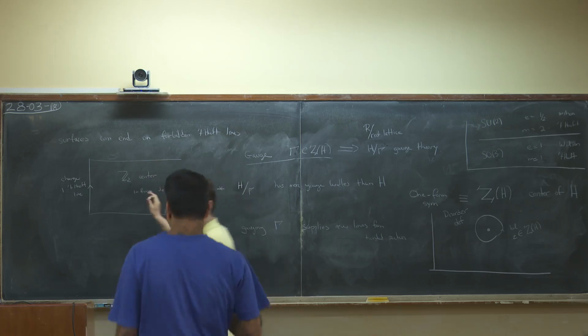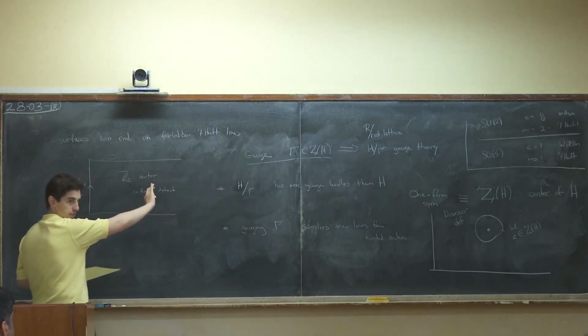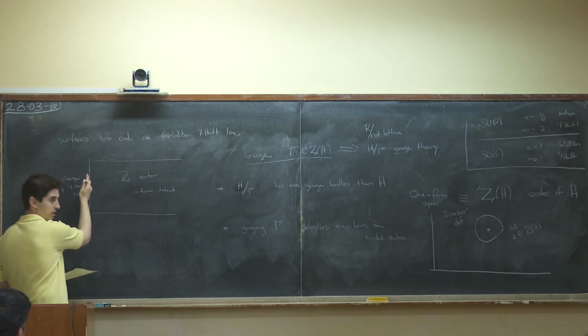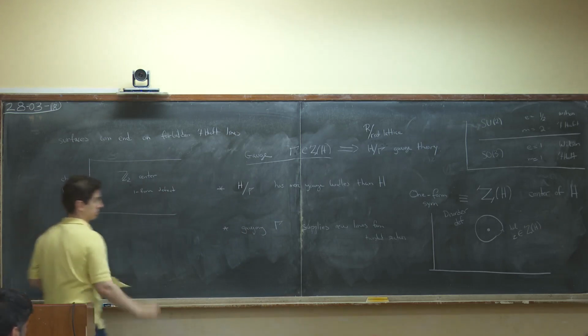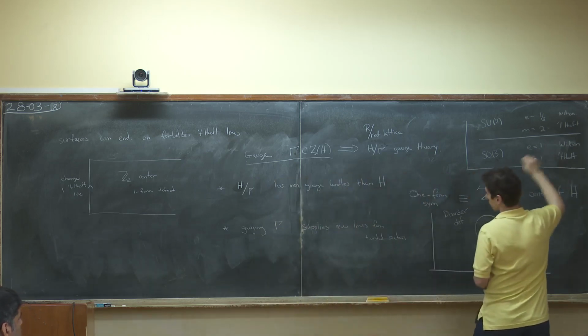So if we go over here, when we gauge Z2, this sheet becomes transparent since we're gauging it. Now this line is just a new genuine line in the theory. And that's the new missing line that we needed.